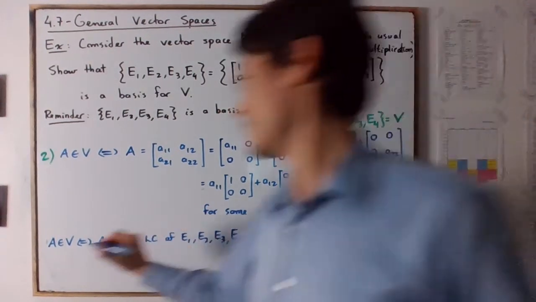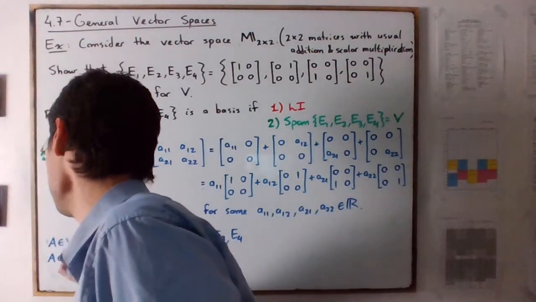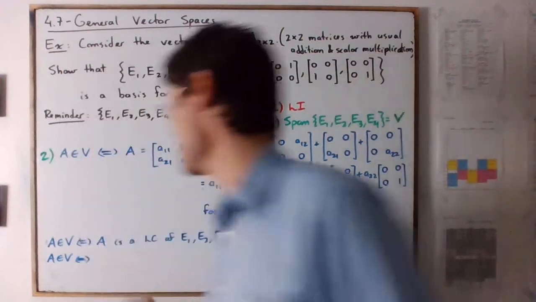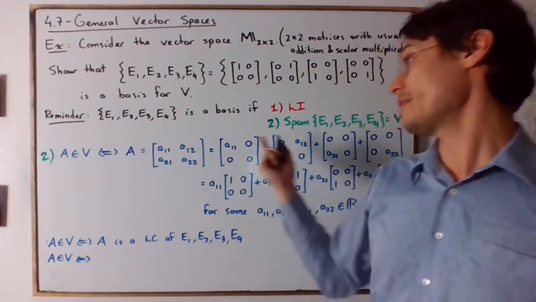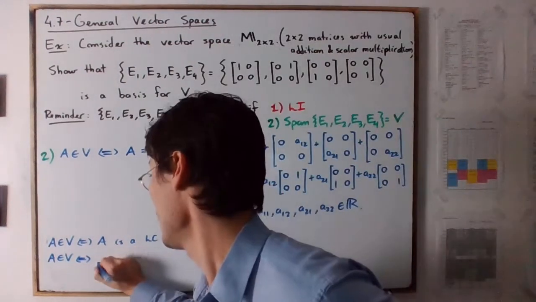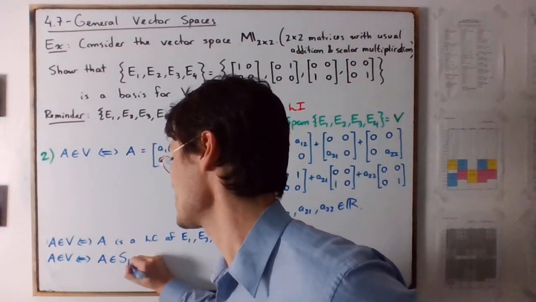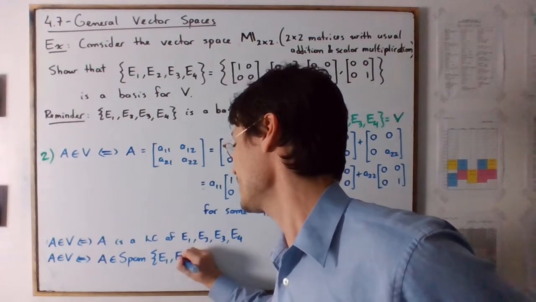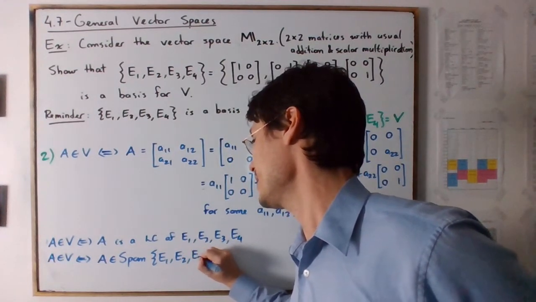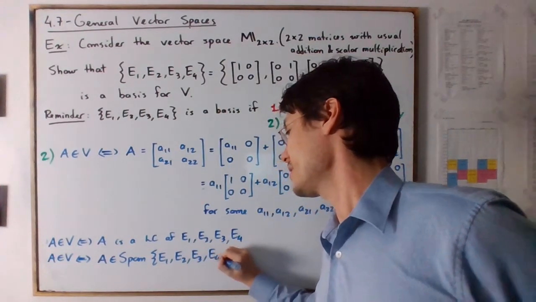And this means, of course, that A is in V if and only if A is in the span of these matrices, right? A is in the span of E1, E2, E3, E4.